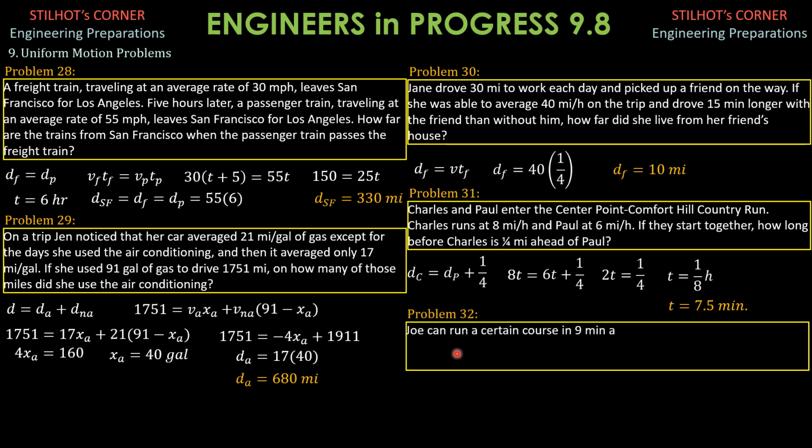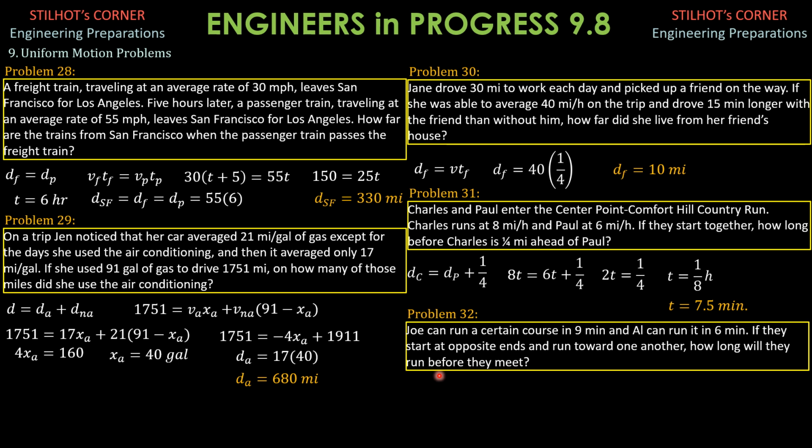Problem 32. Joe can run a certain course in 9 minutes and Al can run it in 6 minutes. If they start at opposite ends and run towards one another, how long will they run before they meet? So let us denote the distance between them initially as d.